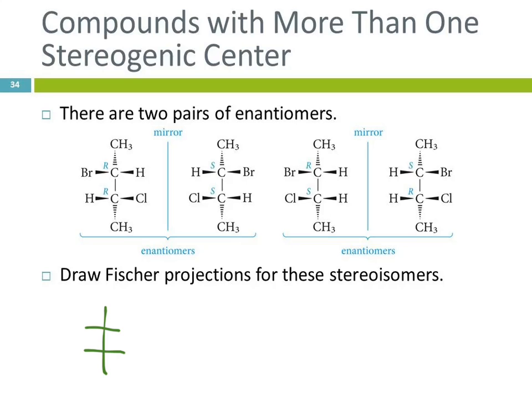We have 2 stereogenic centers. We've got, I'm sorry, that's not an H. We've got chlorine there, and hydrogen, and bromine, and hydrogen, and a CH3 at the bottom, and a CH3 at the top. And this is the next one over.